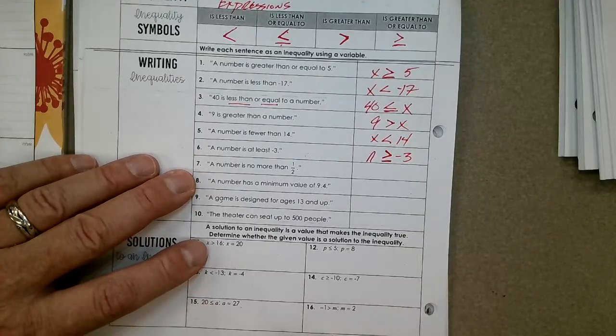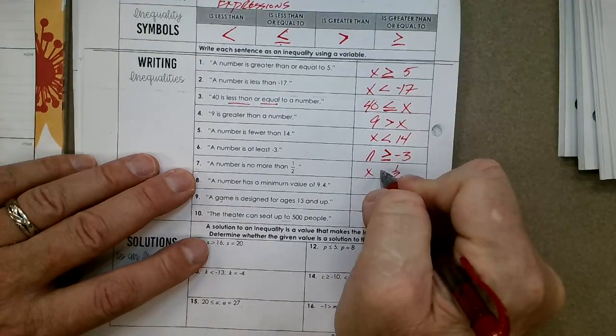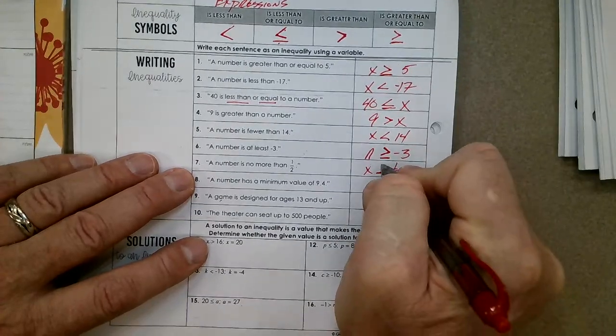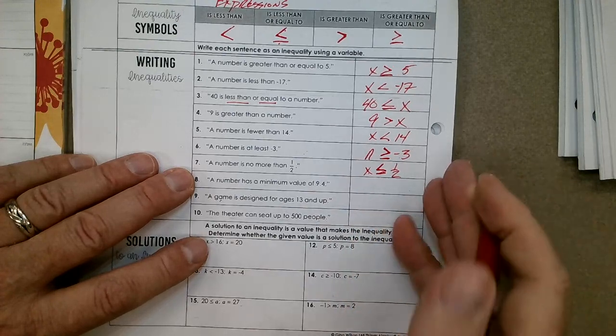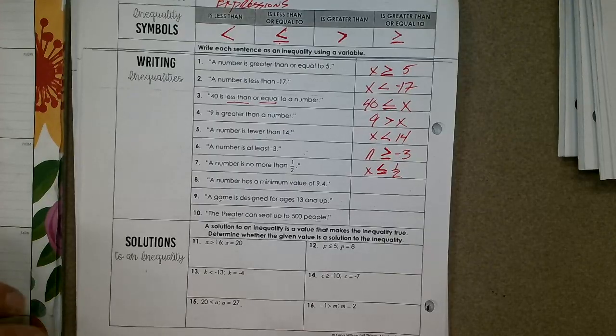Number 7. A number is no more than a half. So here's my number, and here's a half. It's no more than a half, so it could be equal to a half and less than. So anything less than or equal to a half works for this inequality. Number 8.